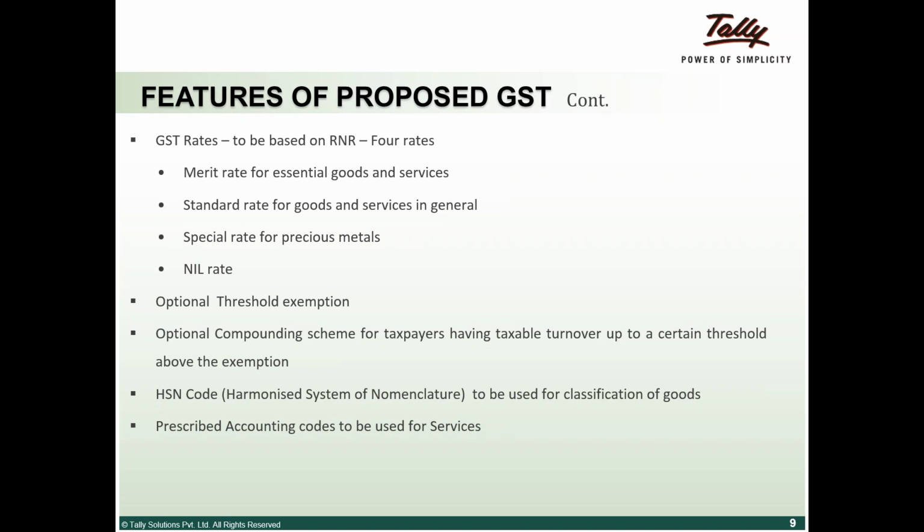For example, if I have a bottle of water, it will have an HSN code, which will be the same code across all the 170, 180 countries. This is called the Harmonized System of Nomenclature. HSN is something that we are already working on on the customs side. There is the customs and excise side, which is being extended even to GST.